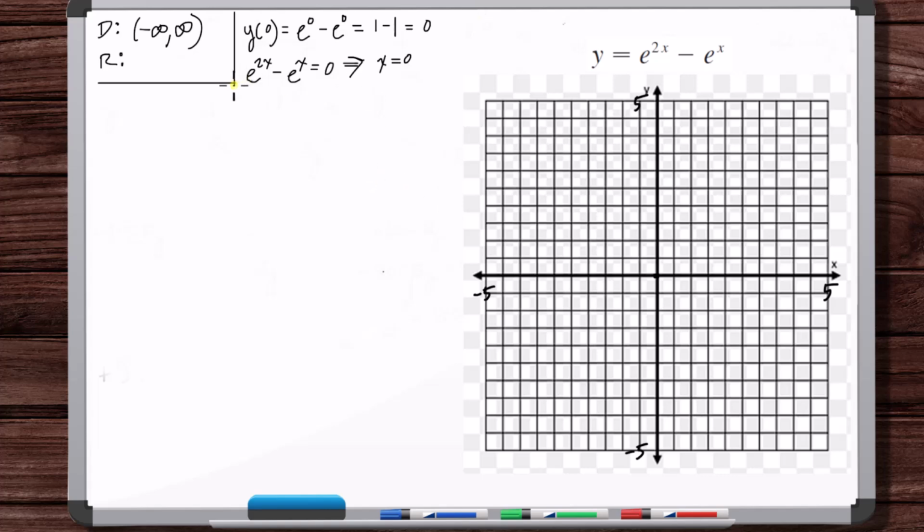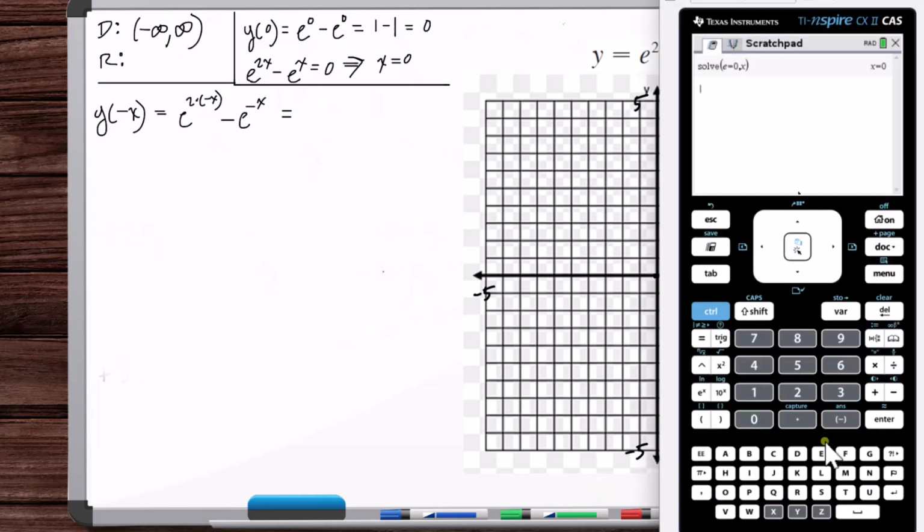Okay, now let's check for symmetry. Is this an even function? So we look at y of minus x. Okay, so what we do is put minus x there: e to the minus 2x minus e to the minus x.